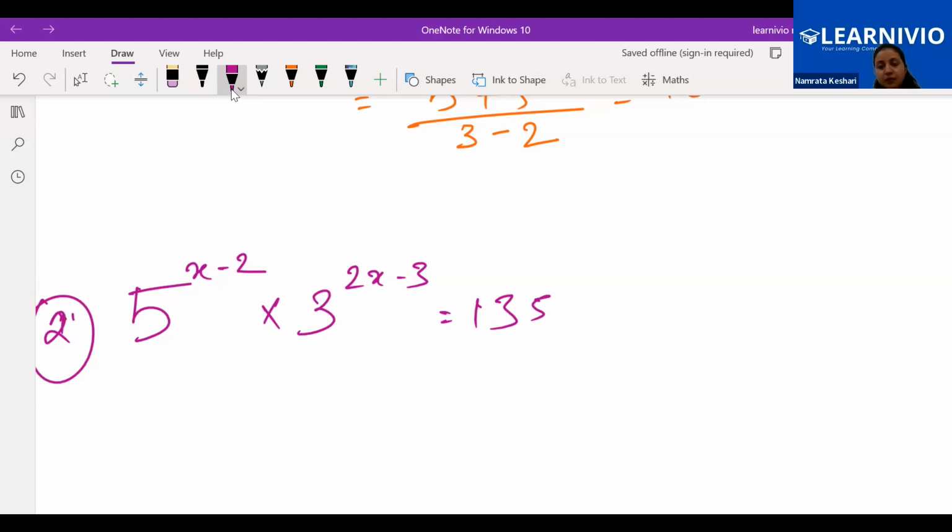Ma'am, I've got the answer. What did you get? Ma'am, I got x as 3. Okay. Anam, you are saying right? Yes, ma'am. Yes, Samya, Saad, Sara, and who else is there? Ma'am, I also got 3. Okay, Samya is also getting 3.